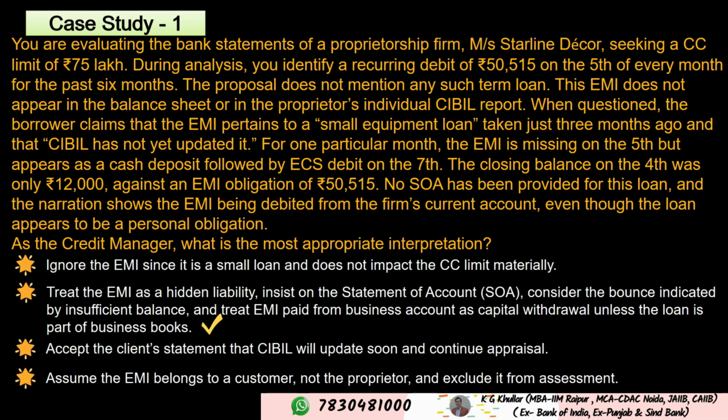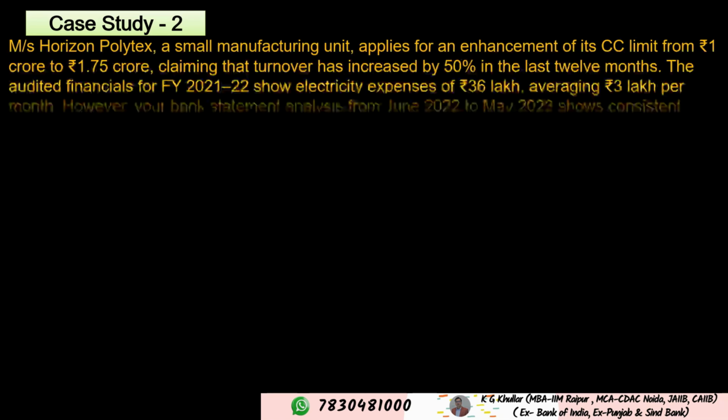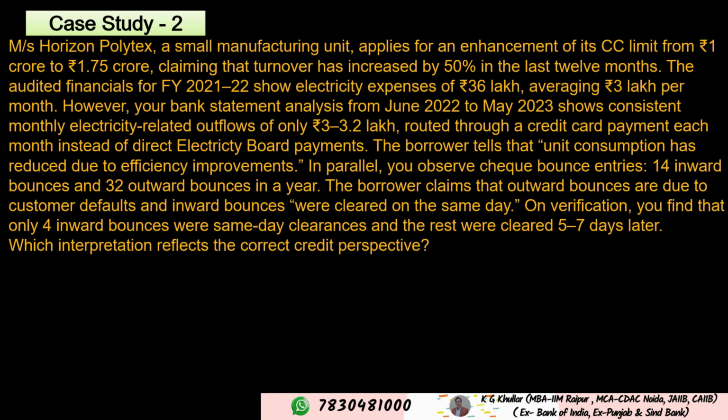Then the second case is Messrs. Horizon Polytechs, a small manufacturing unit, applies for an enhancement of its CC limit from 1 crore to rupees 1.75 crores, claiming the turnover has increased by 50% in last 12 months. The audited financials of financial year 2021-22 show electricity expense of rupees 36 lakhs, which is averaging rupees 3 lakhs per month.